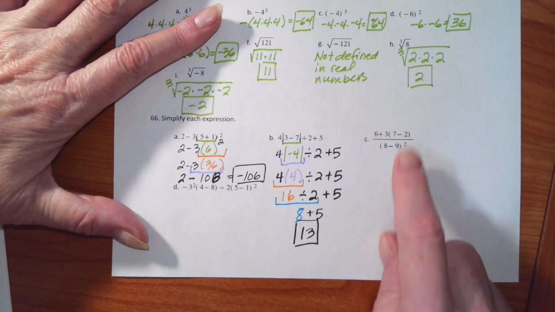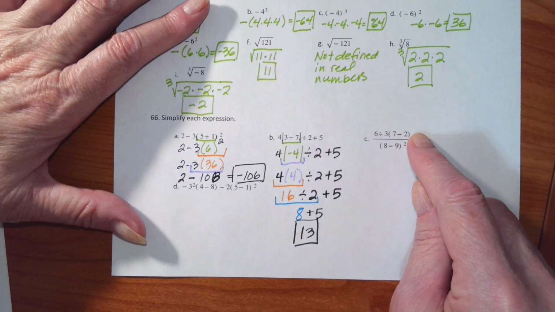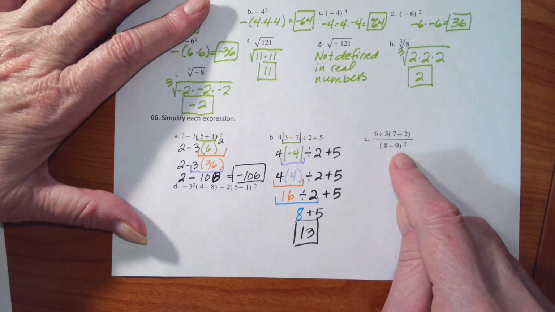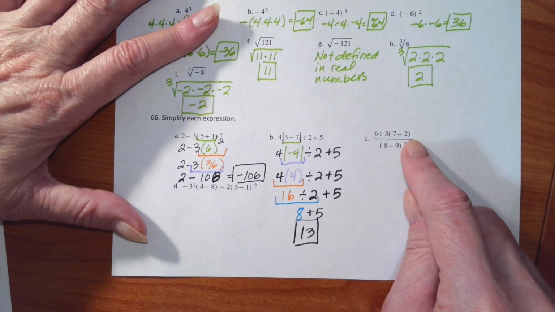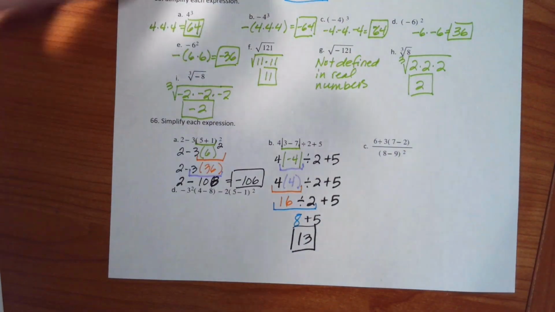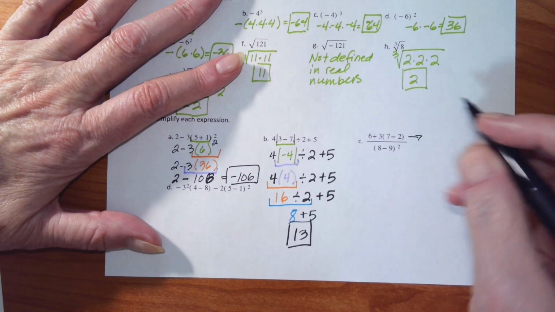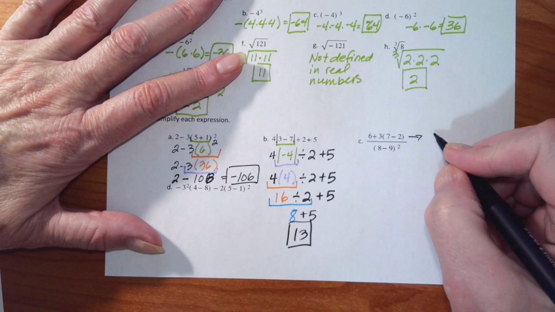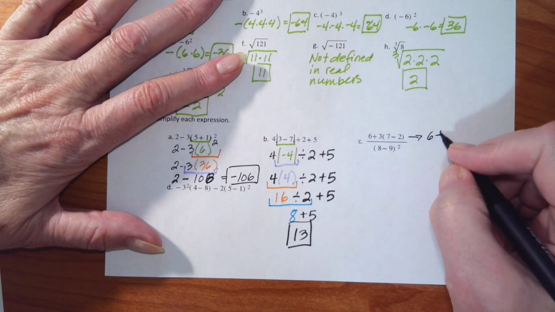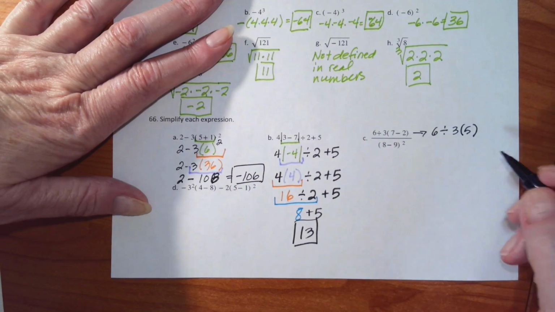Okay, on this one, I've got division here. This tells me that I have to do everything in the numerator, everything in the denominator, and then do the division. Okay, so for my numerator, I simplify inside the parentheses, so this becomes 6 divided by 3 times 5.